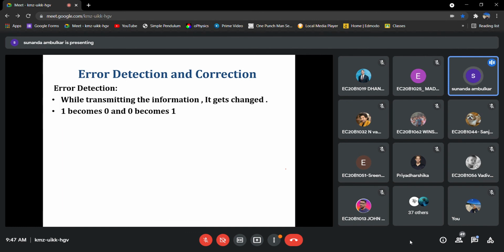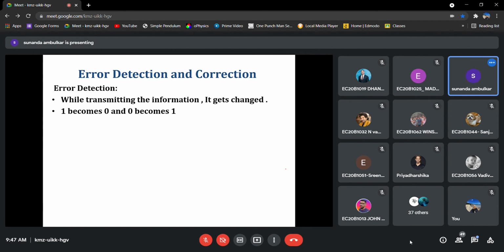Sometimes we need to keep information for a longer duration. When we see the memory section, we will see that there are different types of memory, static or dynamic. The difference is that if data is retained for a longer time, after a certain time some data gets distorted or lost.